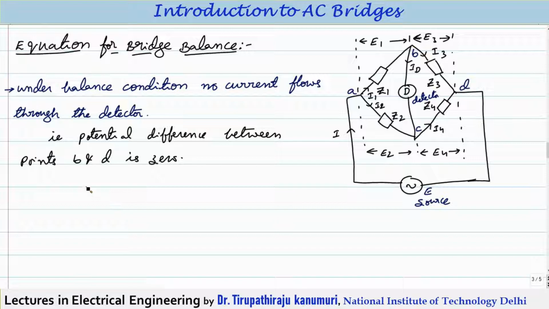What is the meaning of the potential difference between these two points being 0? Whatever voltage is dropping from A to B, the same voltage will drop from A to C, because A is at supply potential. Let us assume this side is plus and this side is minus. Whatever voltage drop is here, the same voltage drop is here. That means the voltage of B will be equal to the voltage of C.